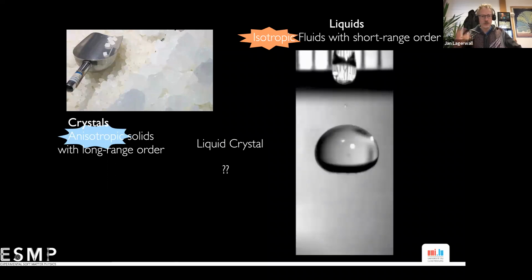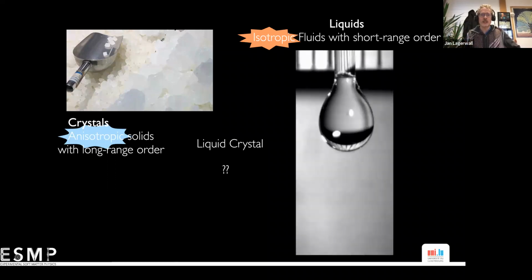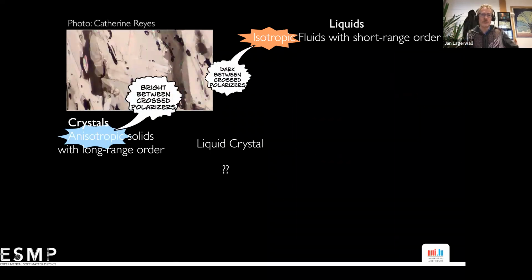And how do you determine that? Well, you typically put the sample between crossed polarizers in an optical microscope, at least if you focus on the optical anisotropy. A polarizer is what you have in sunglasses and so on. It's a filter that filters out a certain oscillation direction of the electric field.